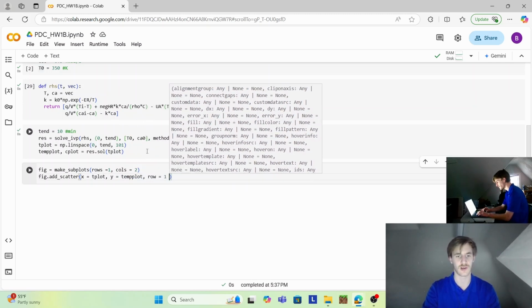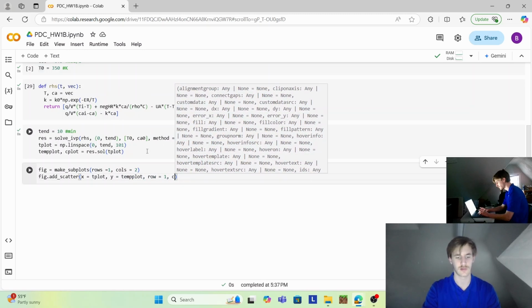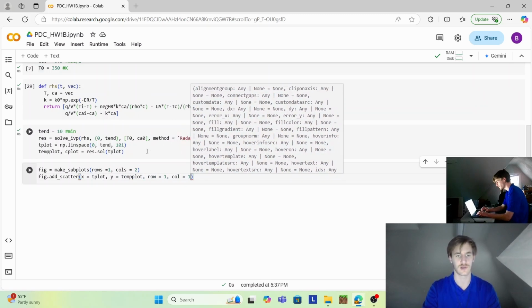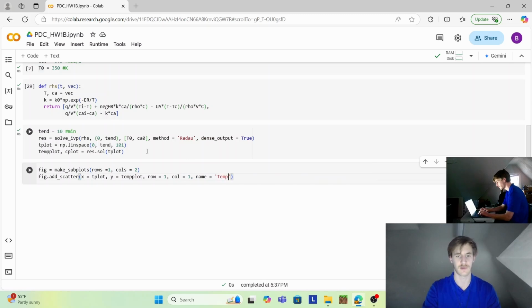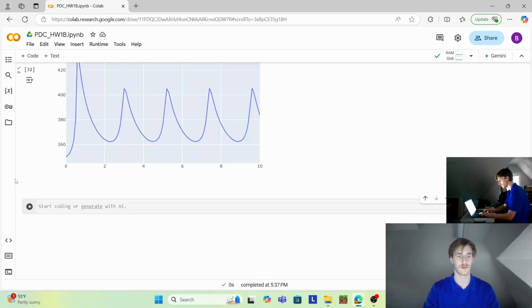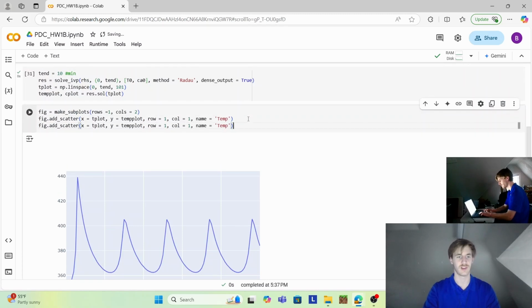Row equals 1, column equals 1, and our name will be temp. I'm going to go ahead and do the same, use cplot and column 2.